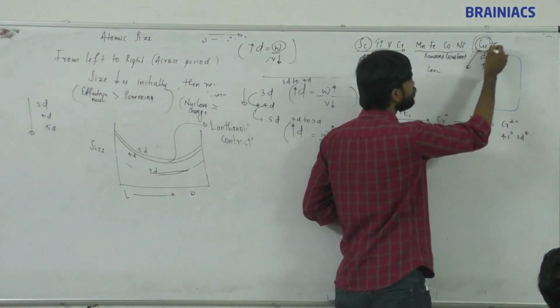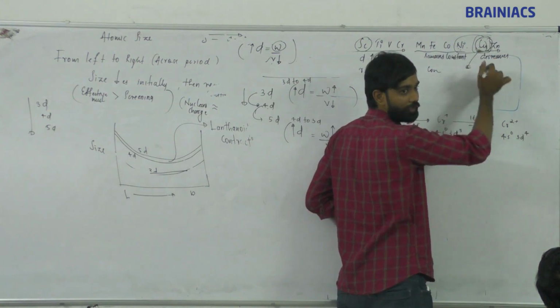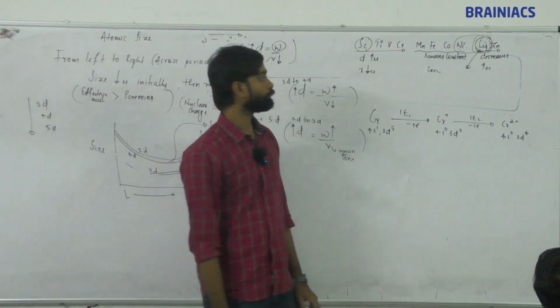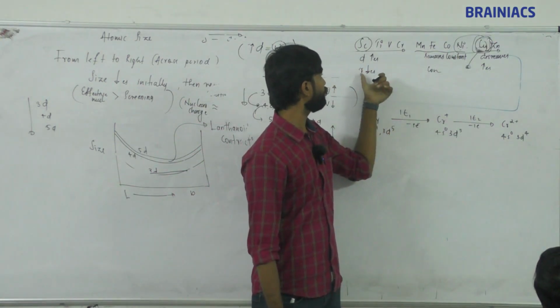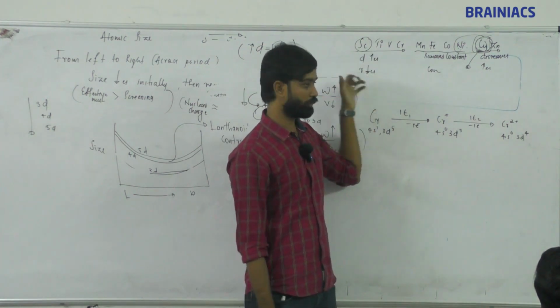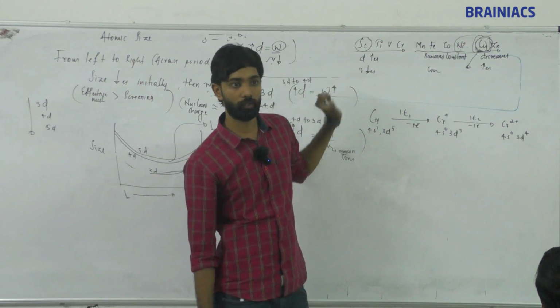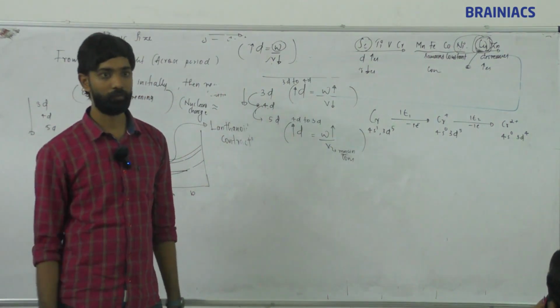So these two have small size, so relatively their density is high, whereas this one has high size. Scandium has a greater size, so the density will be low. So scandium has low density and copper has high density.